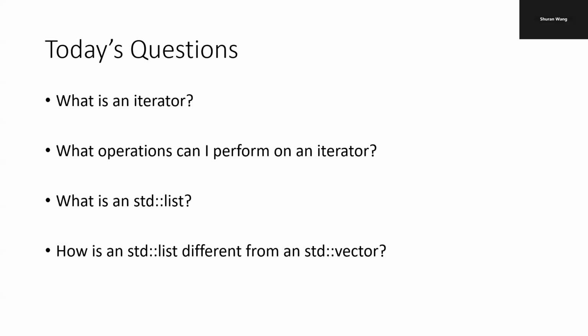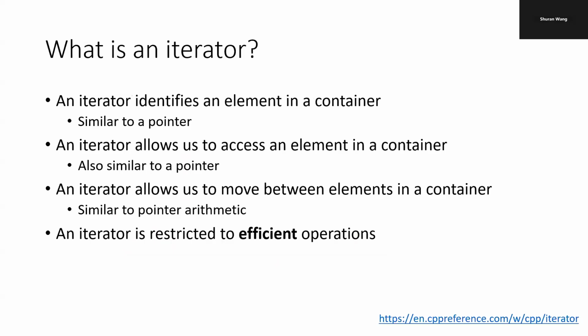Iterators are defined on any of the STL container library, and we'll be using the list as an example, and we're going to compare the list with the vector. What are iterators?